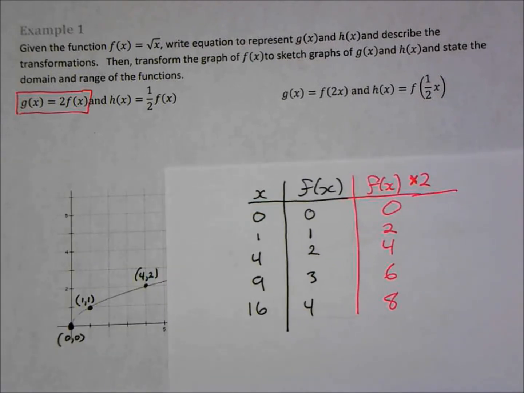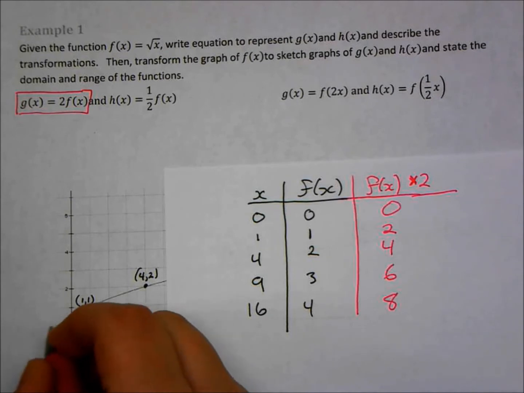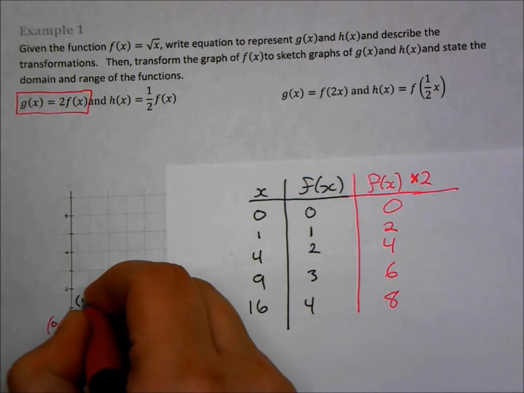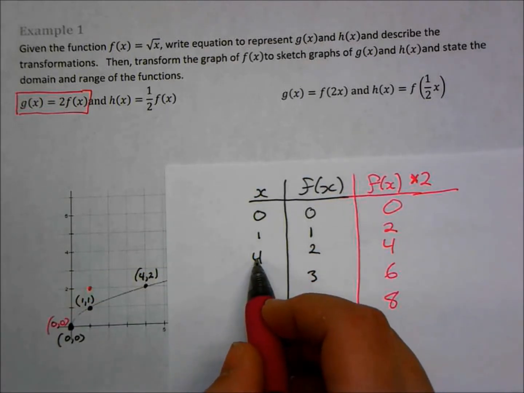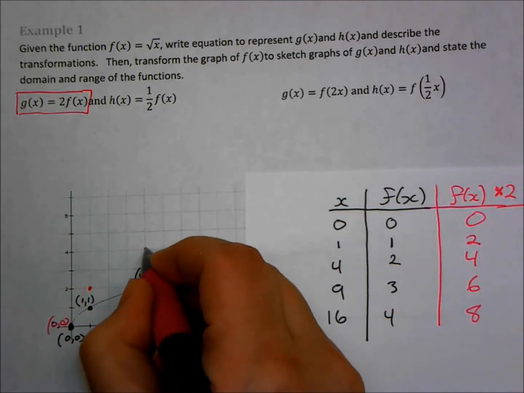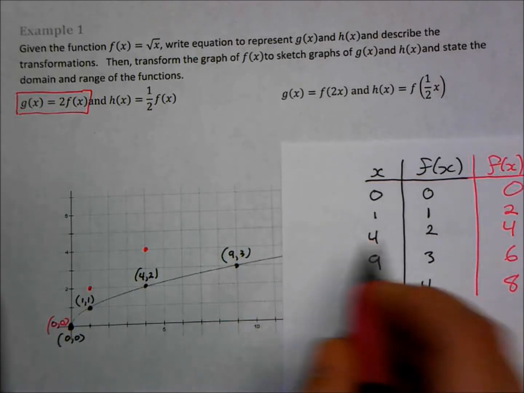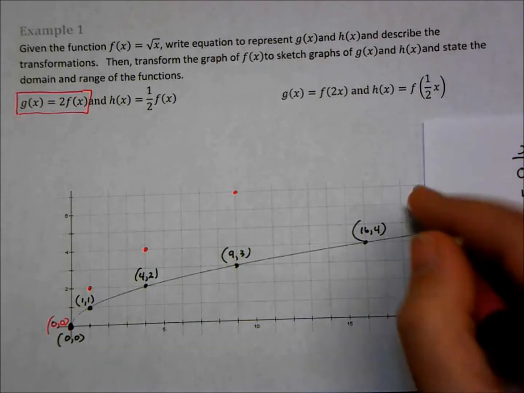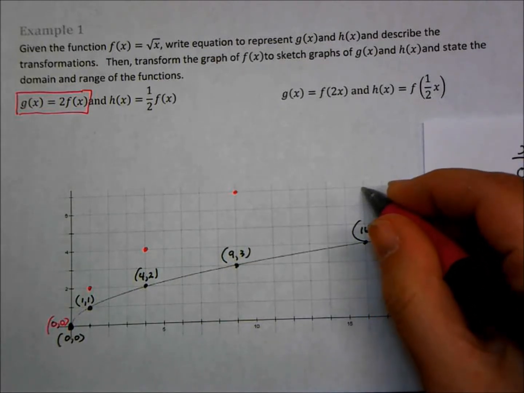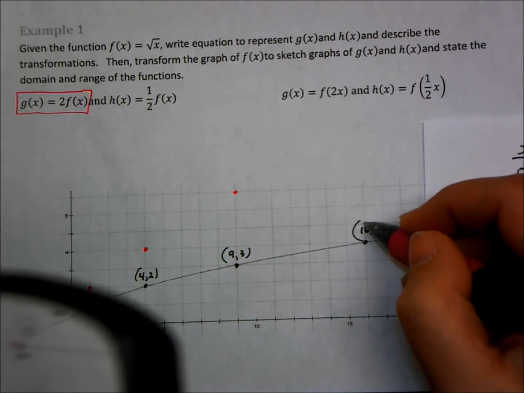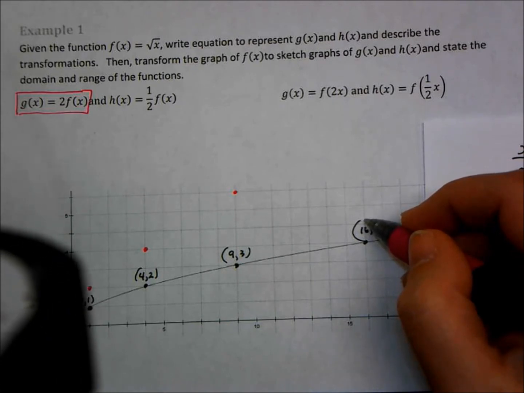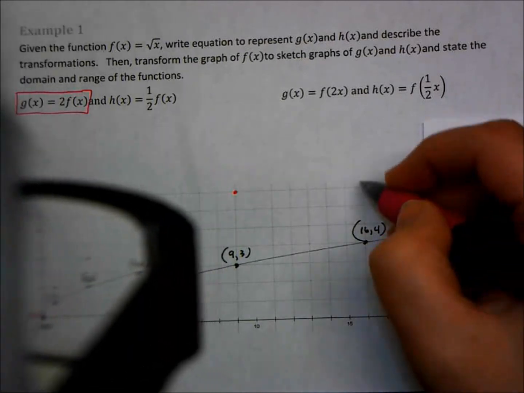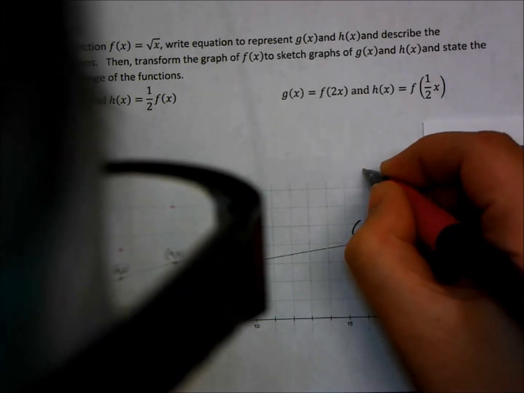Let's go for it. 0, 0, still there. 1 is now 2. 4, 4. 9, 6. And 16, 8. 4, 5, 6, 7, that's not even on the graph.